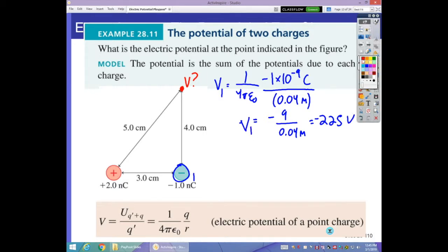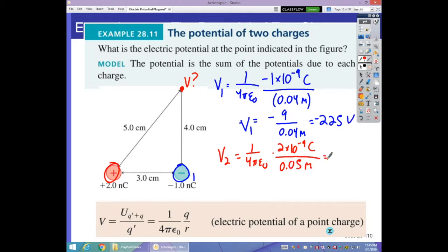So this is still V1. From V2, I'm going to get my K times 2 times 10 to the -9th coulombs, all over, well, in this case, we are 5 centimeters away. So we get, well, this again happens to be 9.